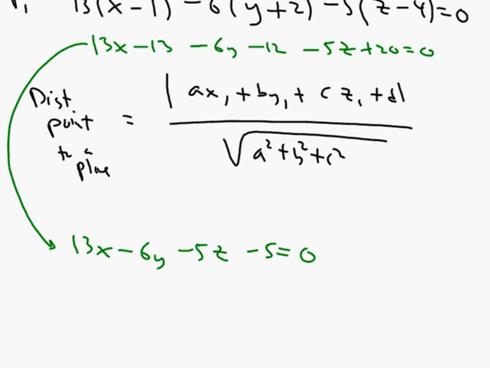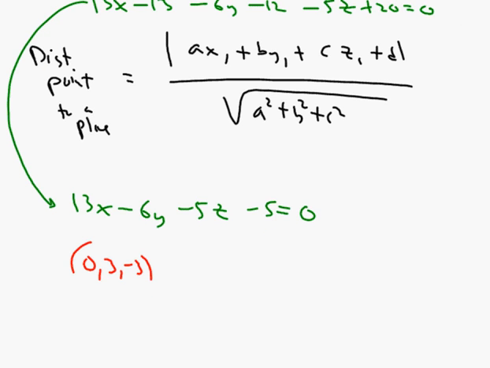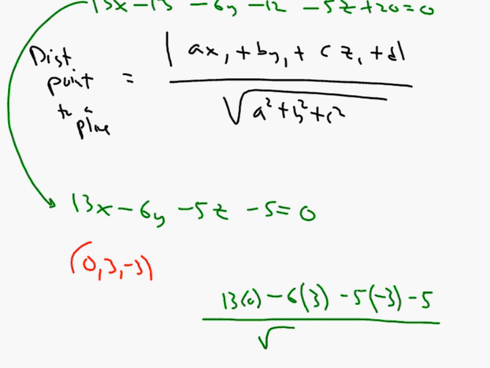We've got the point 0, 3, negative 3. It's on plane 2. We'll just sub in and get an answer. Okay, so we get 13 times 0 minus 6 times 3 minus 5 times negative 3 minus 5 over the square root of the normal vector, which is going to be the square root of the sum of the squares of the components of the normal vector.